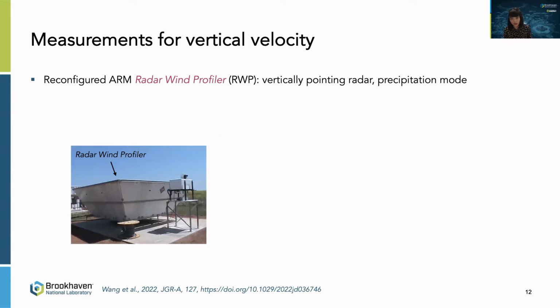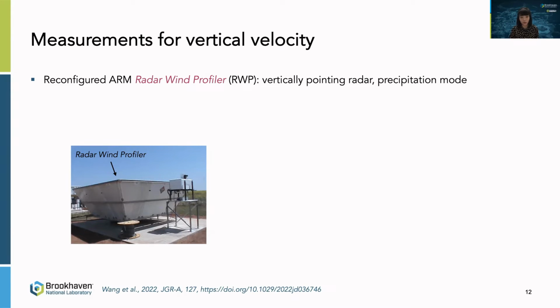One of the key things that we're interested in is the vertical velocity, which is very important to MCS and is also something that is very hard to measure. The measurements that we've been using are from a special radar called the radar wind profiler in ARM.